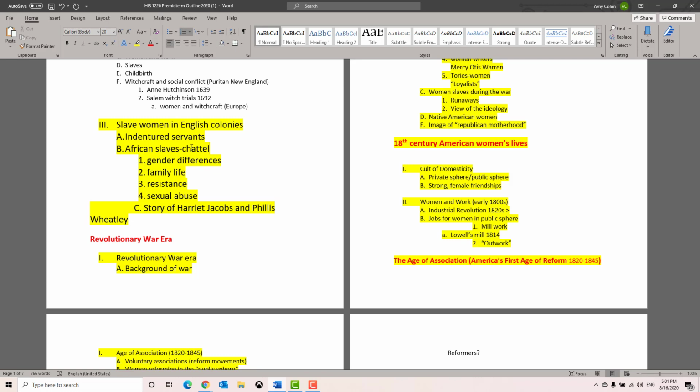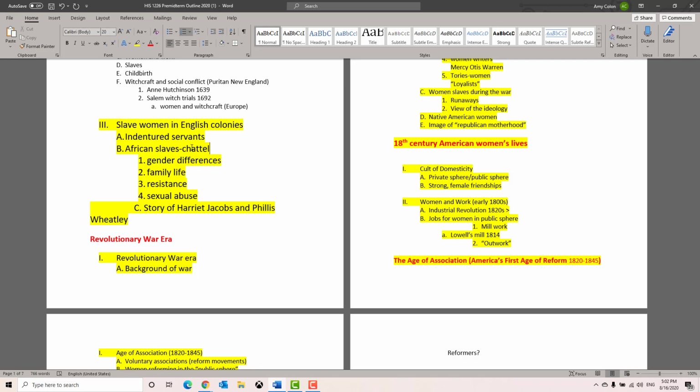And one thing I want to mention about the brutal punishment and the corporal punishment. Indentured servants were not allowed to be beaten or have physical abuse. That was not permitted in indentured servitude. Part of it is that indentured servants were considered citizens of the colony, and so they could not be physically abused.